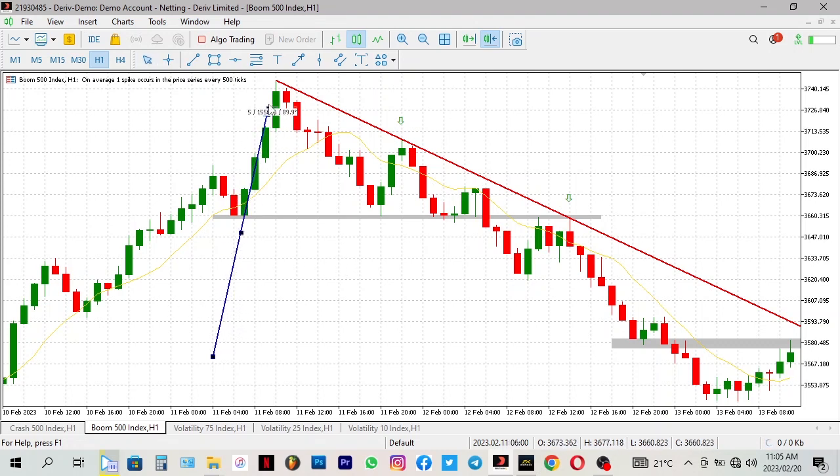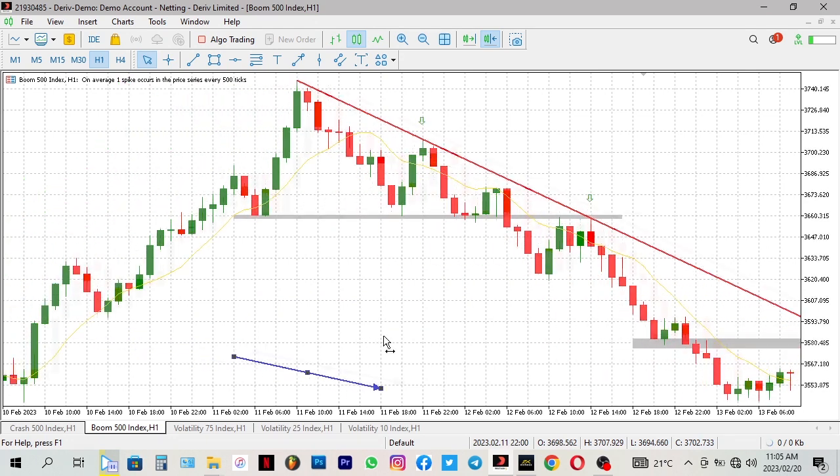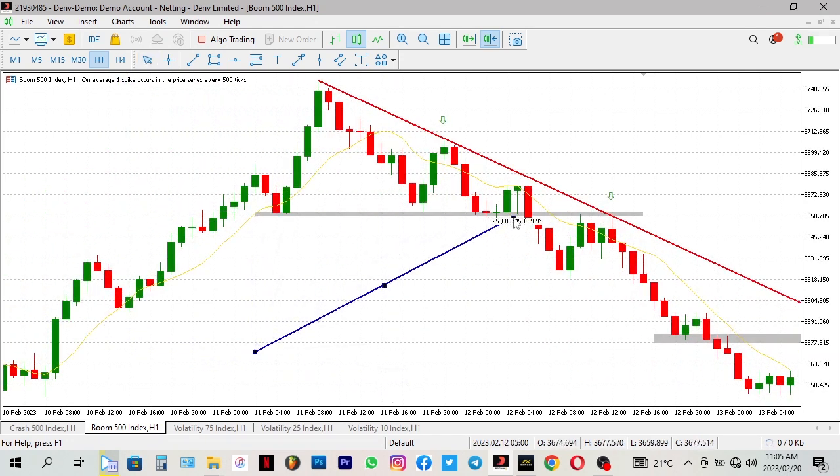We can see our first touch, second touch, and third touch, and we also have a resistance here, support turning to resistance. So even as a support and resistance trader, you can take trades on this index.